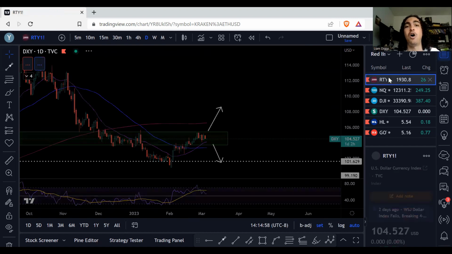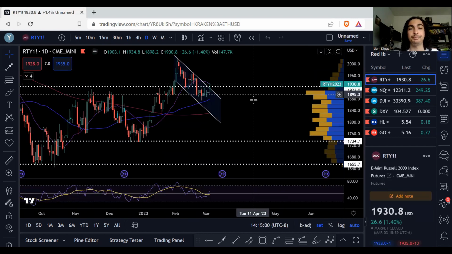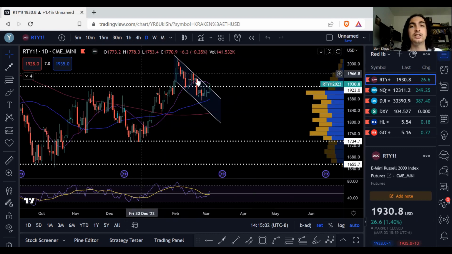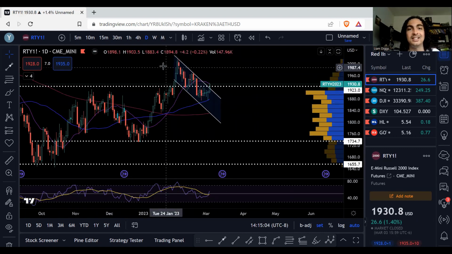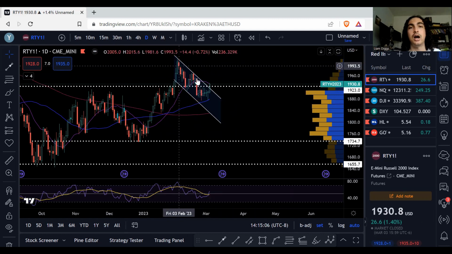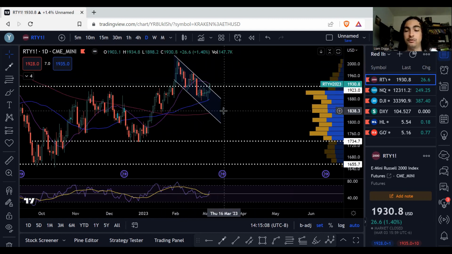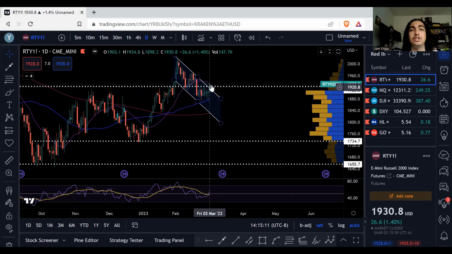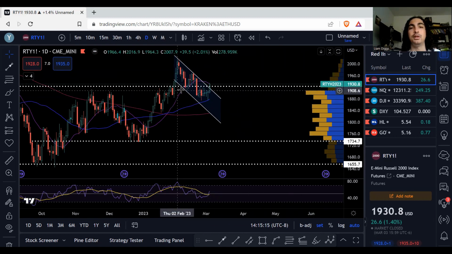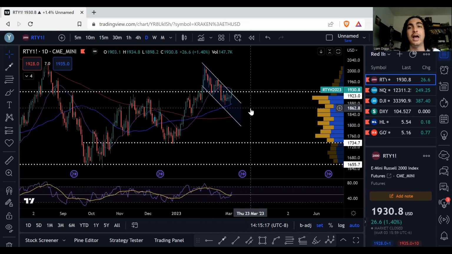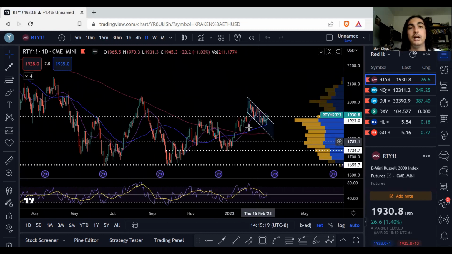We are going to start off on the Russell 2000. Still in the daily time frame, you can see we were in this descending channel here, kind of moving down. For those of you who have followed me for a little bit, I did have a position open. It did get closed out last week when we got back below our support line at 1923.